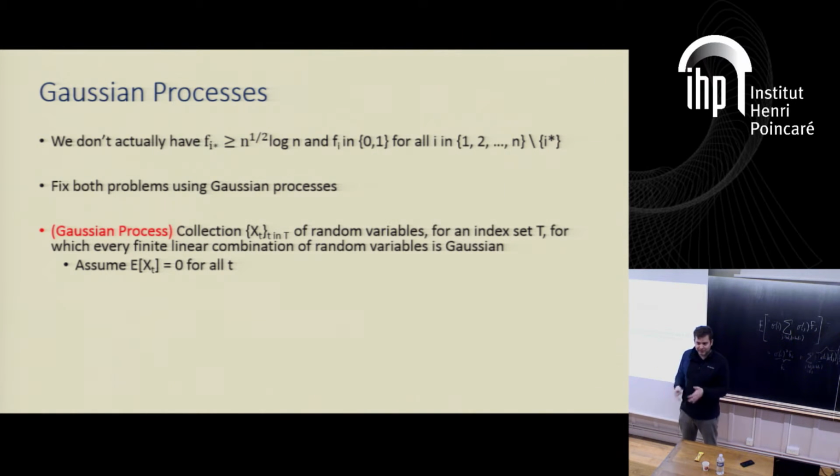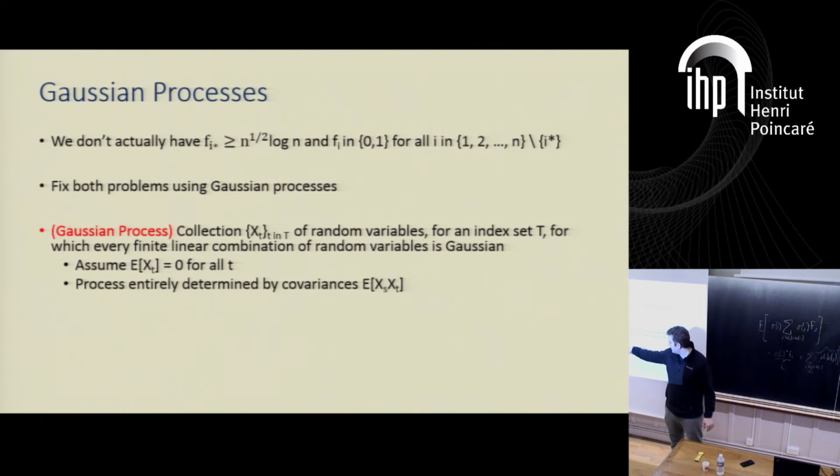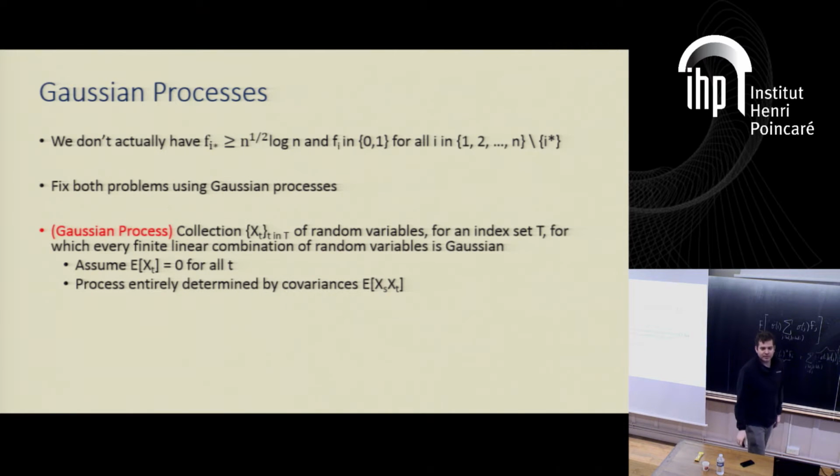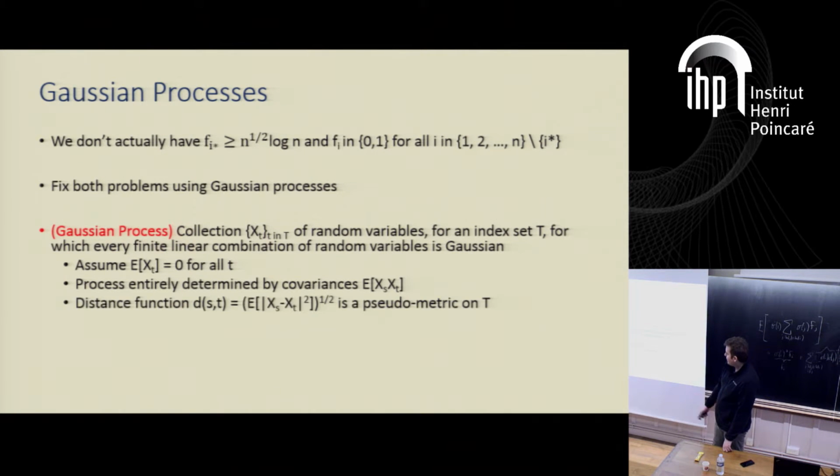Collection of random variables, any linear combination is Gaussian, mean 0. You can show the process is entirely determined by the covariances, the expectation of X_s times X_t. Okay? And this is related to the fact that a Gaussian distribution is determined by its mean and covariance. You can define a distance function on these indices.